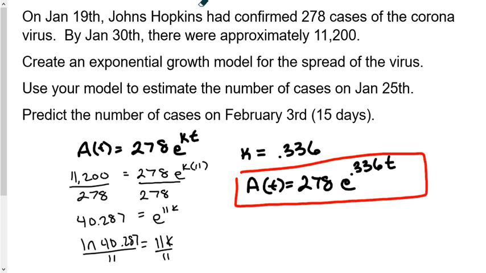So all we've got to do here is, if we want January 25th, we're going to say A of, and let's see, that's going to be 25 minus 19, so that's 6 days. So we can say 278 e to the 0.336 times 6. Okay.